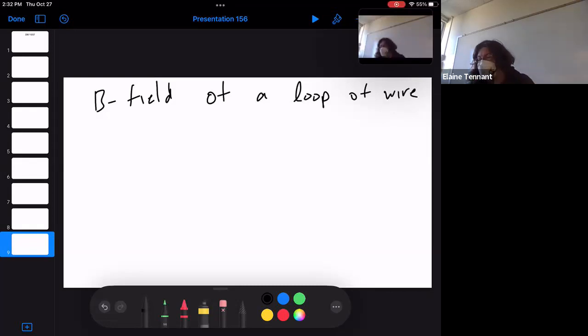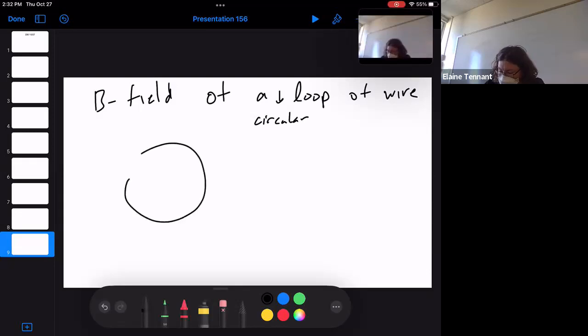And so let's talk about this easy problem we're about to do. It's going to be a circular loop of wire. So if I have a circle with some sort of battery in it that's going to produce a current like this, I want to figure out the magnetic field in the center of that loop.